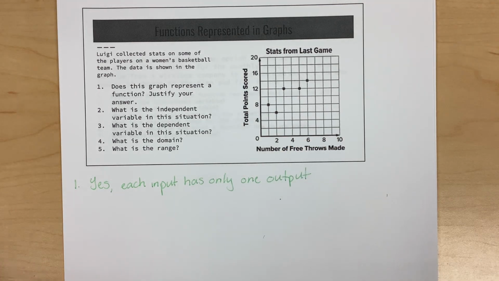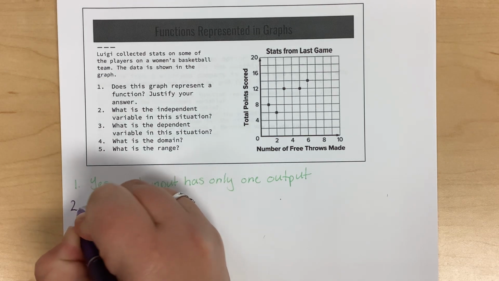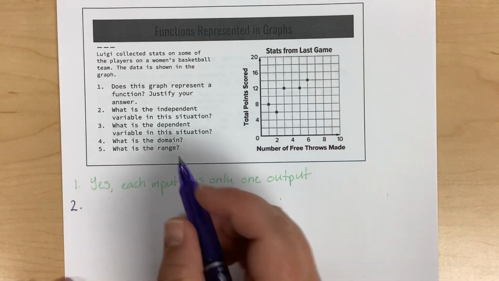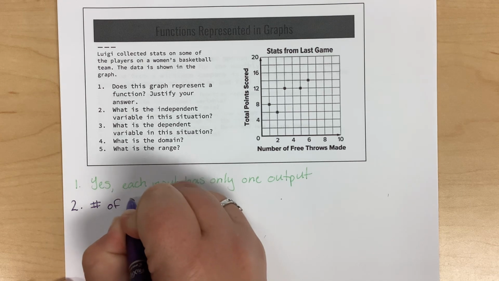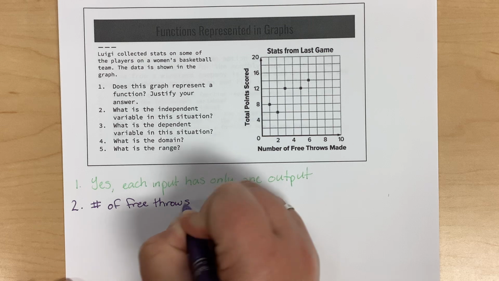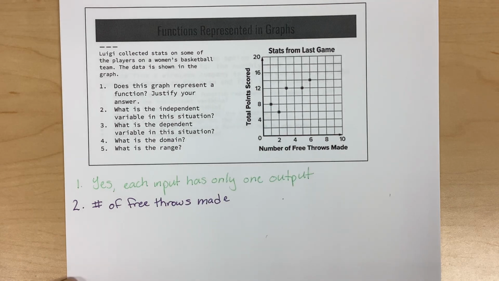All right, and then remember, the independent variable is always your input, which is always your x. This is your x-axis, so the number of free throws made is the independent variable. Okay. Dependent then means the total points scored.